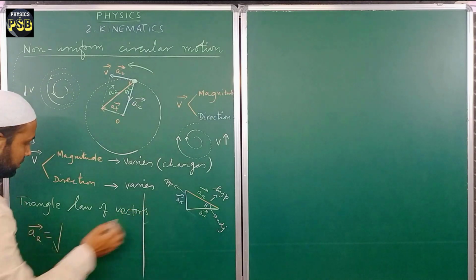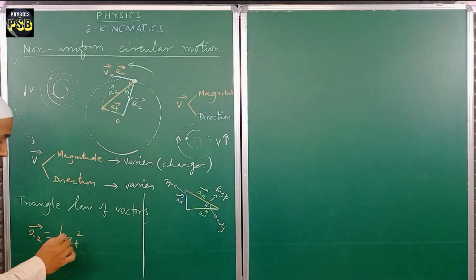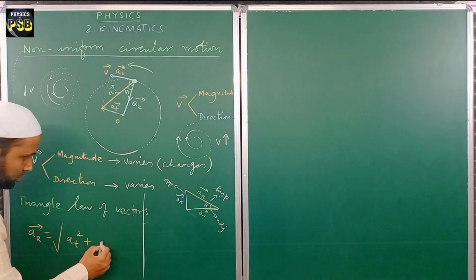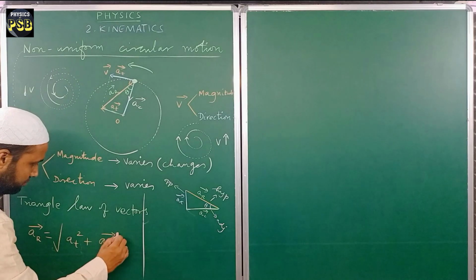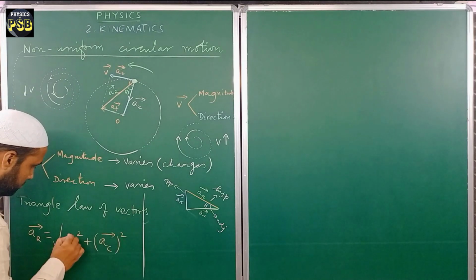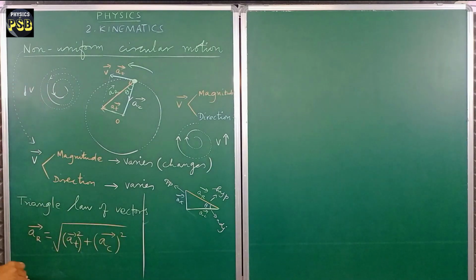Here, square of tangential acceleration plus square of centripetal acceleration. Fine, this is what I have taken.